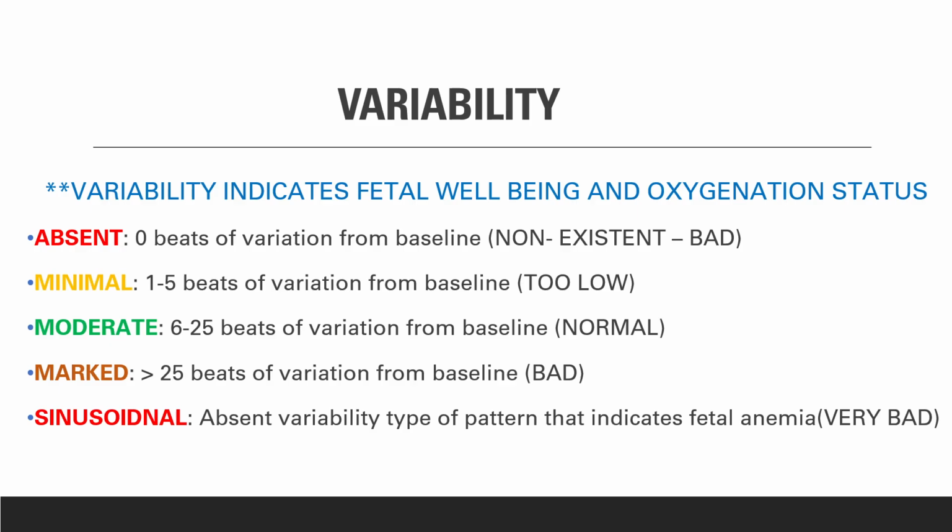Minimal is 1 to 5 beats of variation from baseline. This is too low. Sometimes there are reasons why this occurs. If a baby is sleeping, or if the mom received IV pain medication and narcotics, she's a little drowsy, a little groggy.